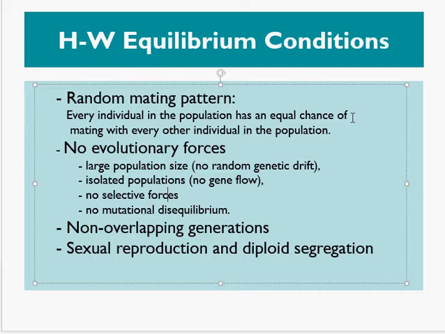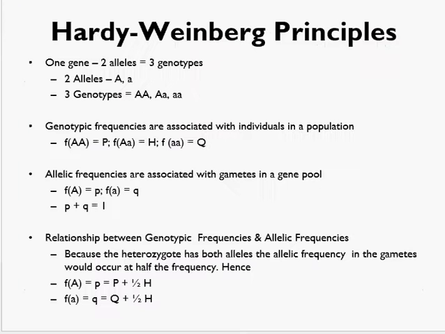So if all of these conditions are met, you will be able to calculate or assume that each allele has a certain percentage chance of reaching the next generation, and this is what all these figures indicate.